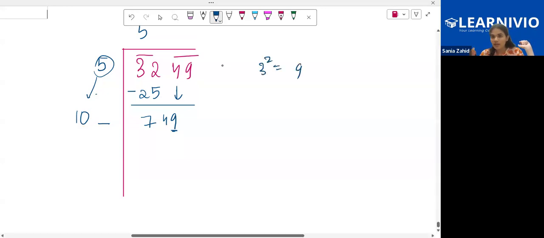Is there any more number whose square gives 9? Yes, 7 into 7 is also 49. So here also you're getting 9. So there are two numbers that you can put over here. You can either put 3 or you can put 7.